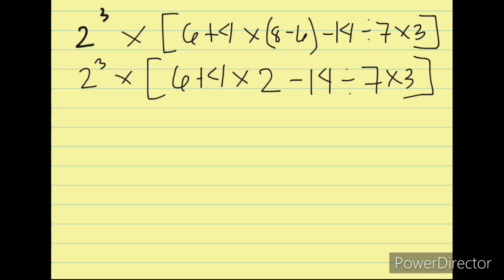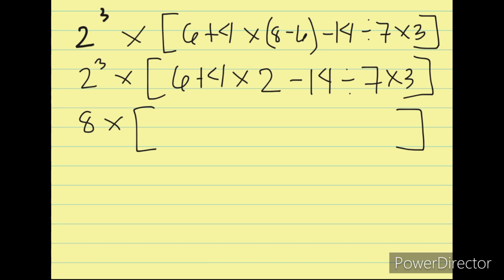Next, again, grouping the outer parentheses. So simplify the 2 cubed. So 2 cubed is 8 times. GEMDAS, grouping, then exponent.